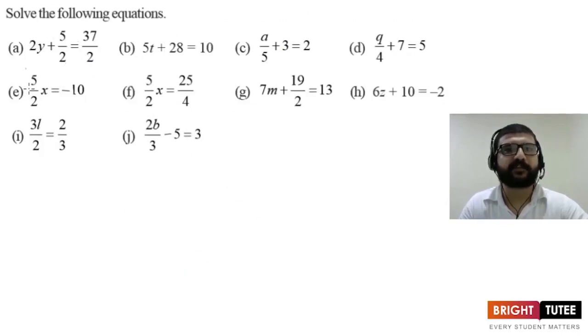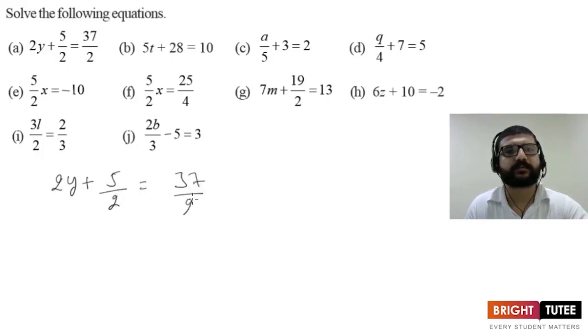Here we have to solve the following equations. The first equation is 2y plus 5 upon 2 is equal to 37 upon 2. Let's write the equation. 2y plus 5 upon 2 is equal to 37 upon 2. Now for solving this equation, first we will transpose plus 5 upon 2 to the right side of the equation.